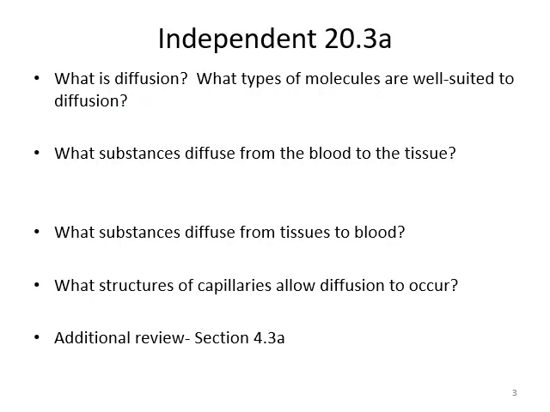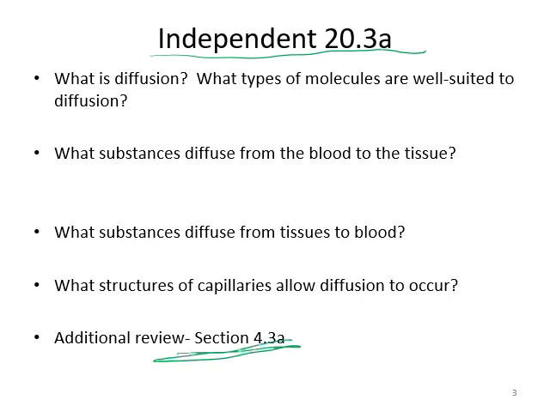So in your book, there's a little discussion about diffusion and what types of molecules can diffuse, again, across the capillary wall. Now that can be from the blood into the tissue or from the tissue back into the blood. So another independent adventure, go check this out if you need more help with diffusion.